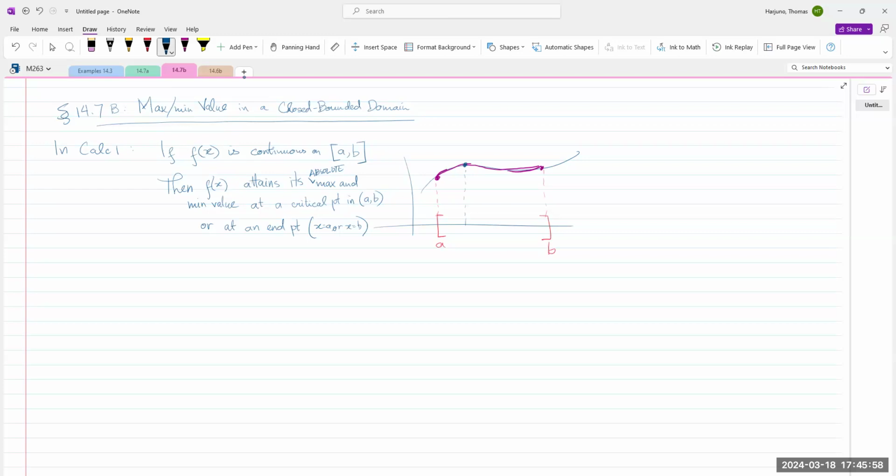Okay, that's what we learned from calculus 1. Now, in general, what I'm about to say is called the extreme value theorem. I think they call it that in calculus 1. It hits the absolute maximum or absolute minimum either at the critical point or at the endpoints.